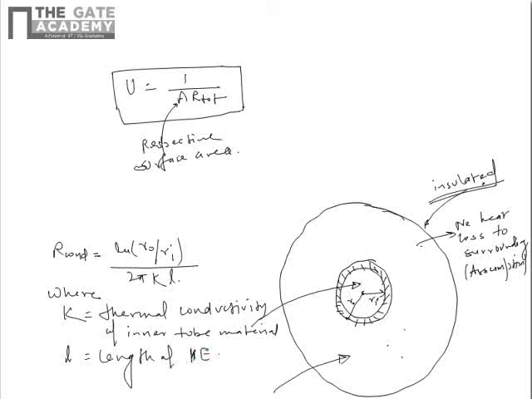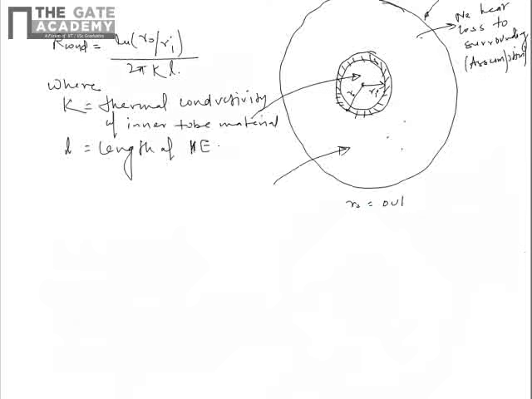Clear? And as you know, R naught is the outside radius, Ri is the inside radius. This one and this one.